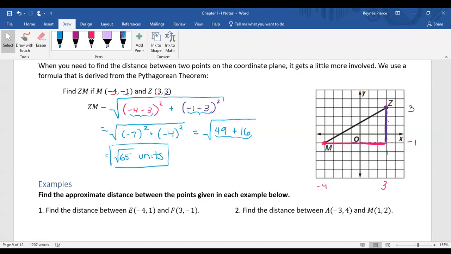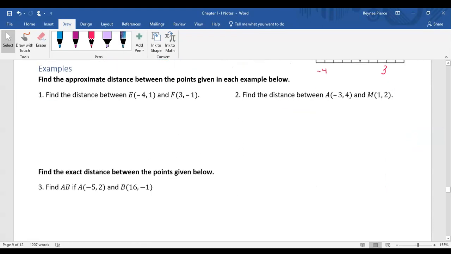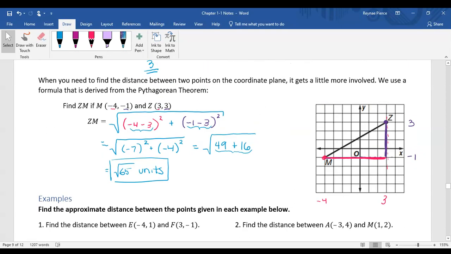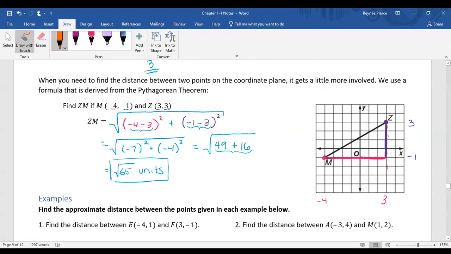All right. These first two examples here. Oh, let's go back up here. I will write our distance equation here in orange. So again, what we did is we found the square root of the sum of the squares of the differences.